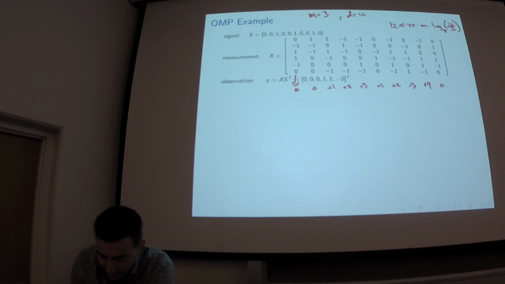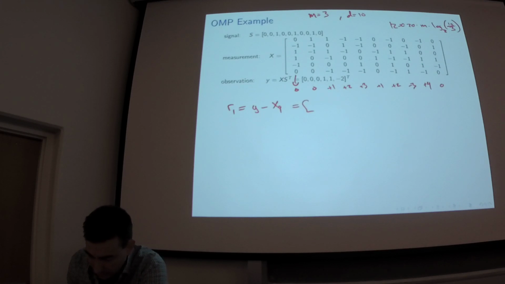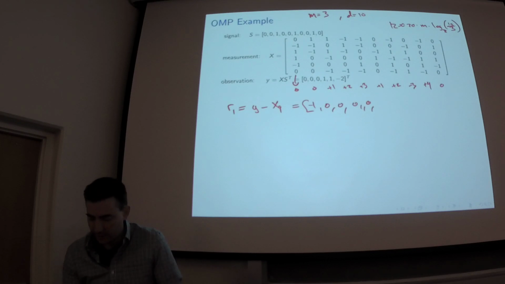Next, I'm going to set the residual after one step to be y minus column 9, so x9. This is going to be 0 minus 1, so minus 1, 0 minus 0, 0, and then 0, 0, and then minus 2 minus 1, minus 2, so that's going to be 1.